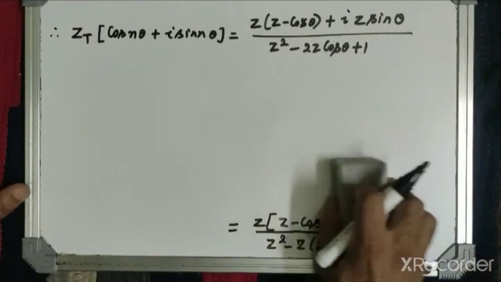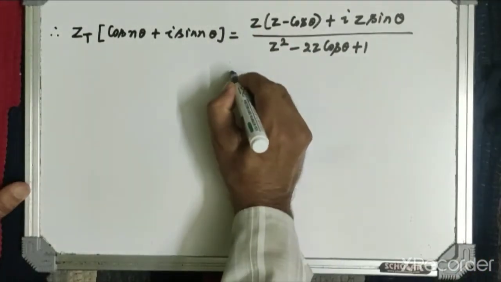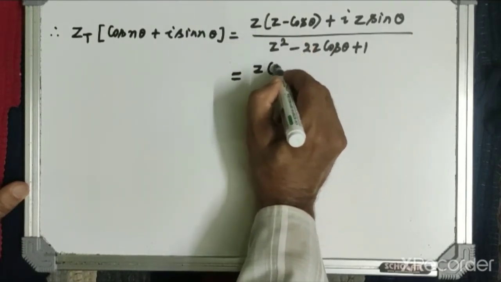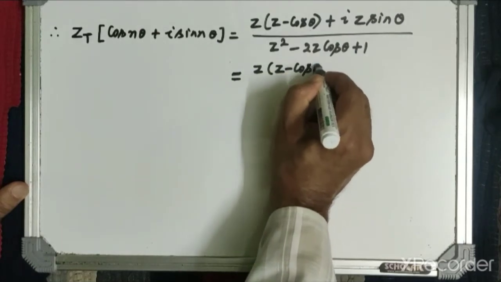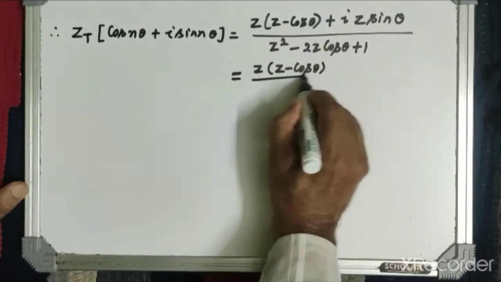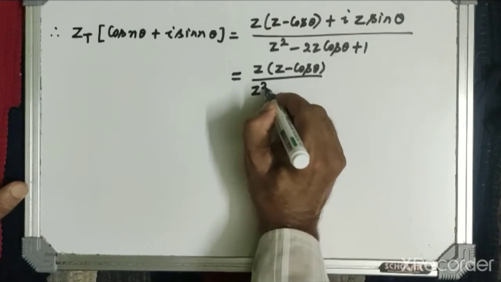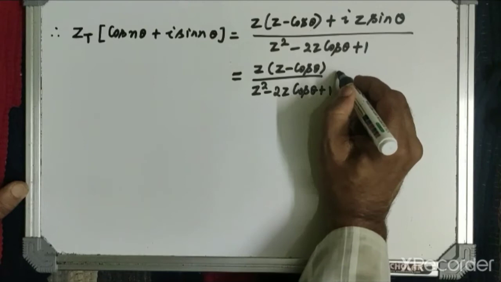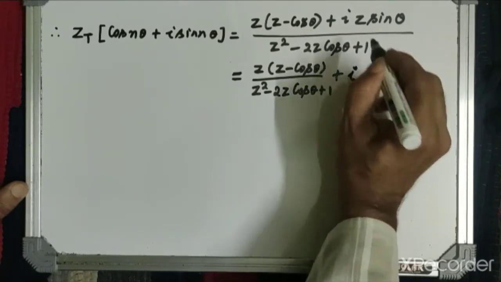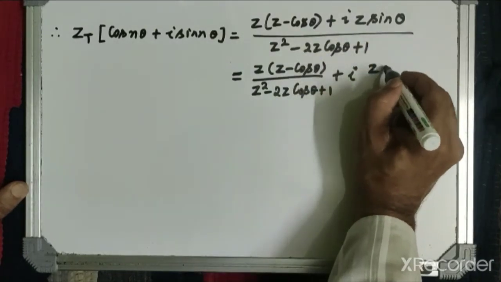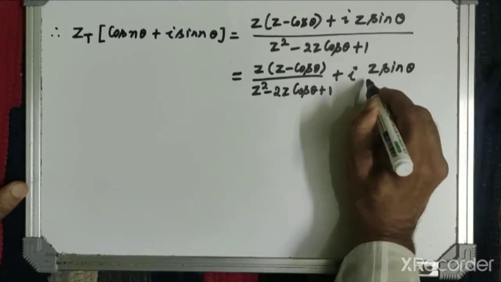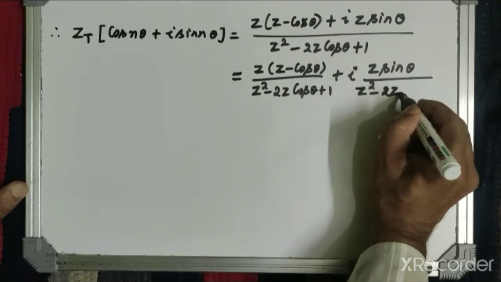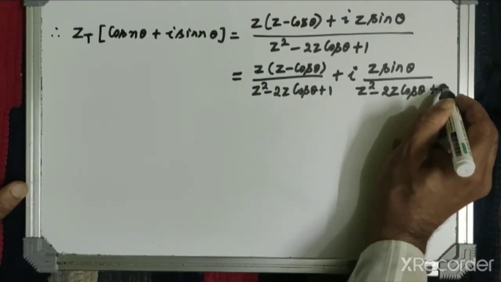Now I will separate the real and imaginary parts here. The real part is z times z minus cos theta divided by z square minus 2z cos theta plus 1, plus i times the imaginary part, z sin theta divided by z square minus 2z cos theta plus 1.